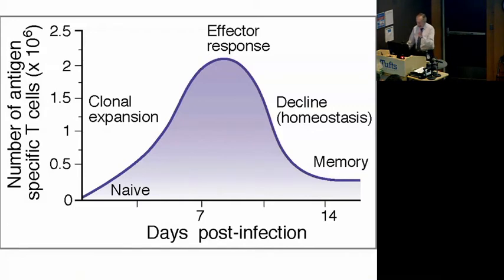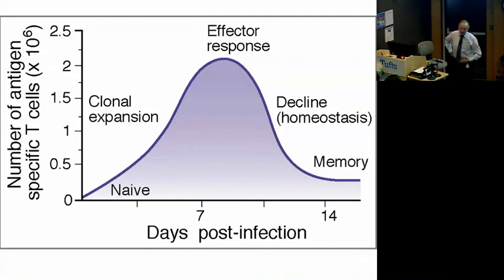Now your T cells get activated, and they divide and divide and divide, IL-2 and IL-2 receptor, and then a point comes where you have to turn it down, and the majority of those cells disappear, leaving you just with a few cells in your memory.